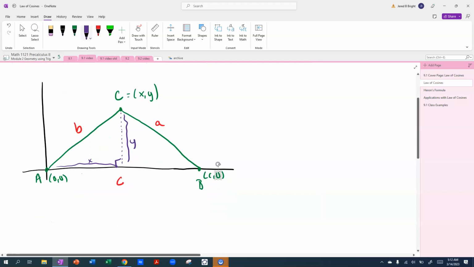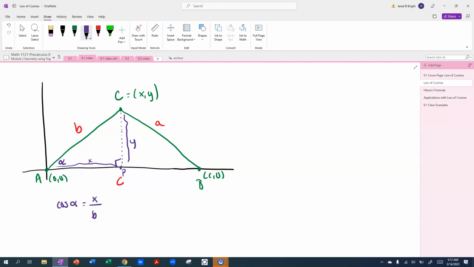Okay, this is fun. Now I can say in this right triangle A, P, C, I don't know what this is, so let's call it P. And if I look at angle A, let's call that alpha, actually. If I do cosine of alpha, this is going to equal x over b.